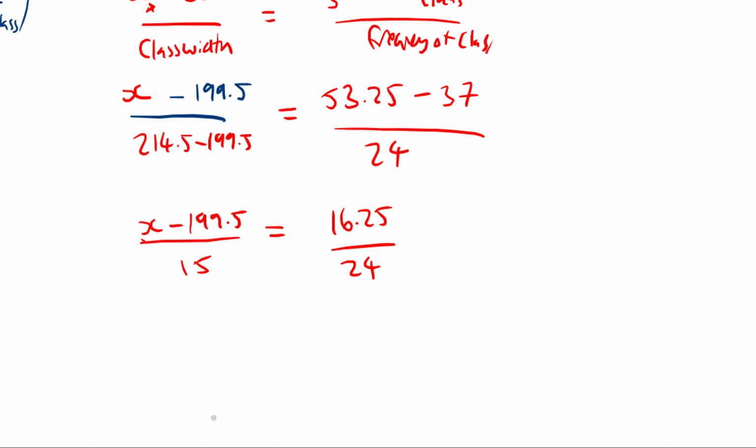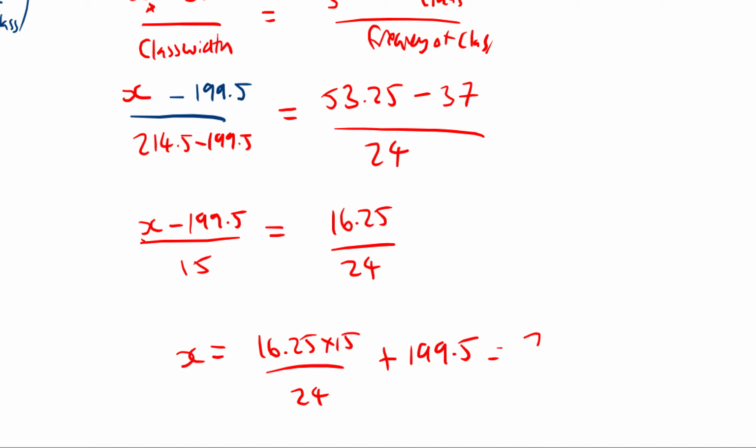From here we rearrange to find X. So X is equal to 16.25 times 15 over 24 plus 199.5. So plugging this into our calculator, you should get an answer of 209.65625. So to three decimal places, it's 209.656.